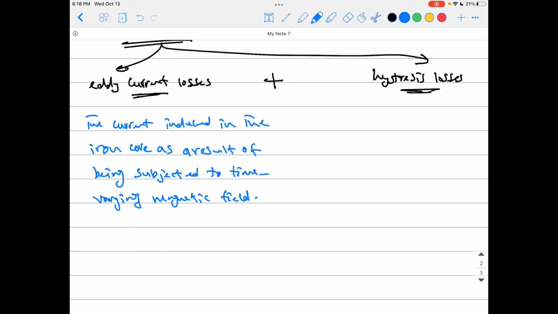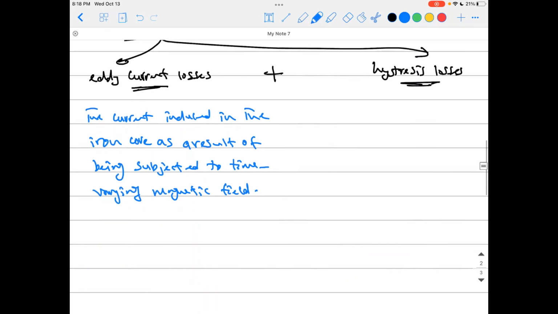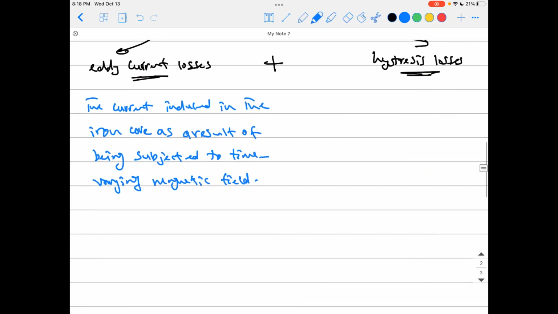It is a small minor current, but it causes the iron core to heat up. You have more thermal losses here. That's what I mean by eddy current losses, because you have some current moving inside the core itself as it's subjected to a time varying magnetic field.